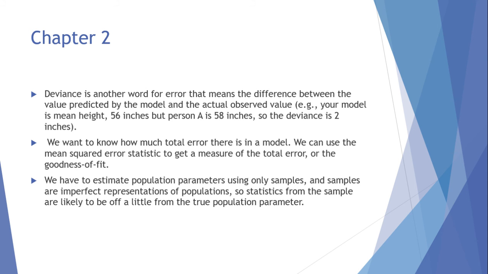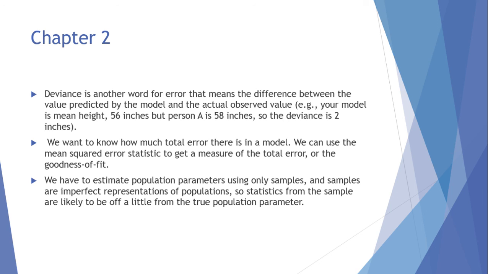We have to estimate population parameters using only samples, and samples are imperfect representations of the population. So statistics from the sample are likely to be a little off from the true population parameter. I drove that home last time. Statistics is certainly not some sort of perfect science where you are always accurate. You're trying to project from a little sample what your entire population looks like, and that is an imperfect process.